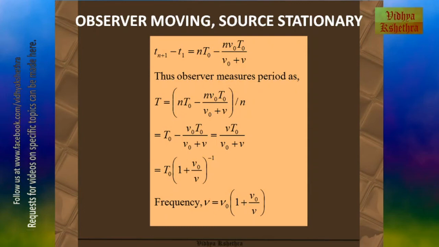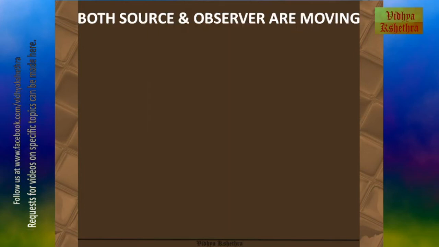Now if this expression is expressed in terms of frequency, we get the observed frequency nu is equal to nu0 into 1 plus v0 by v, where v0 is the velocity of observer and v is the velocity of the wave.